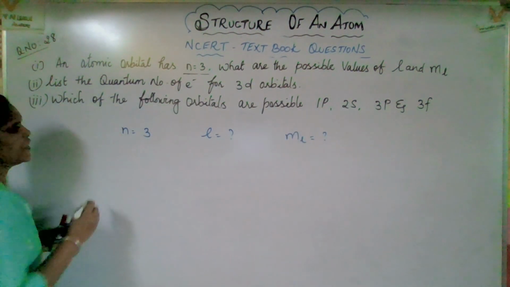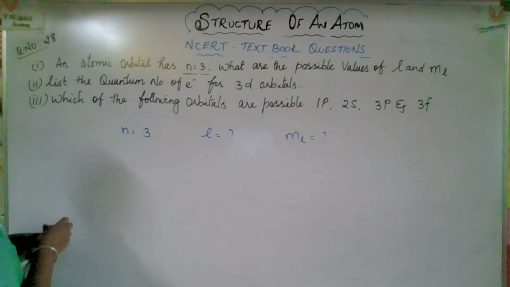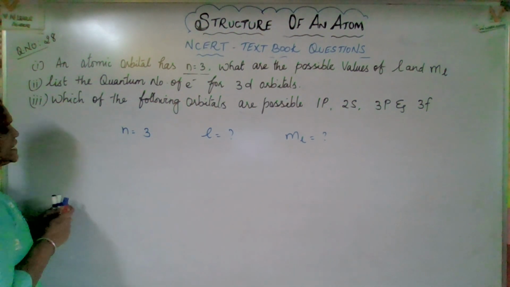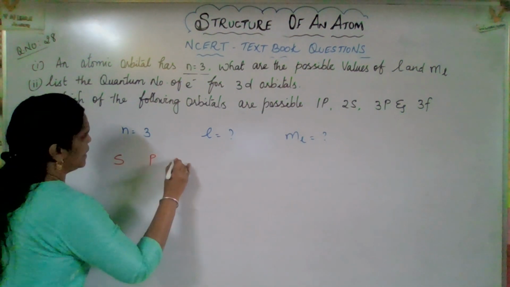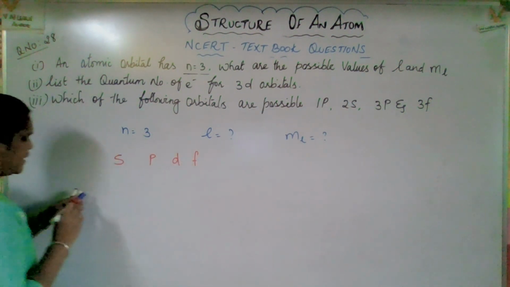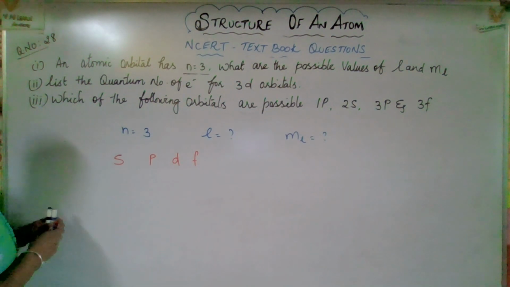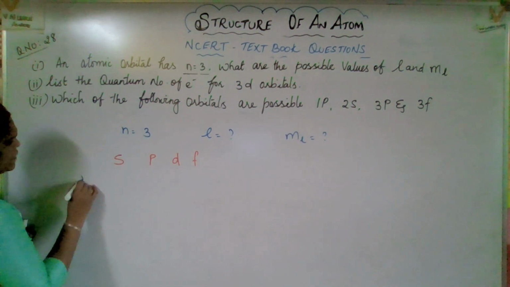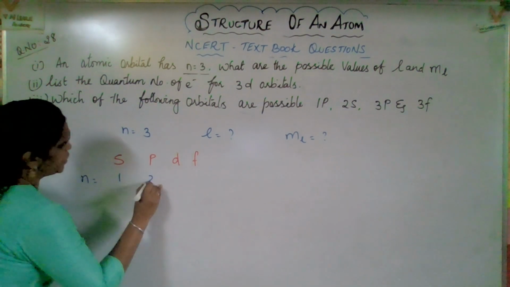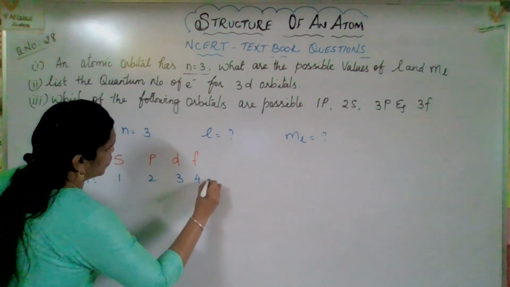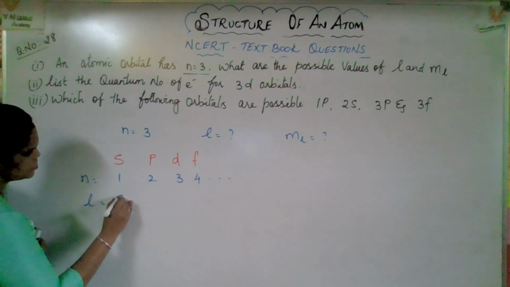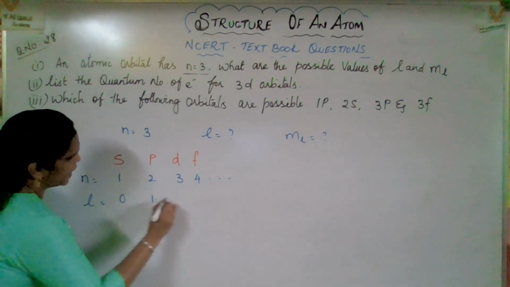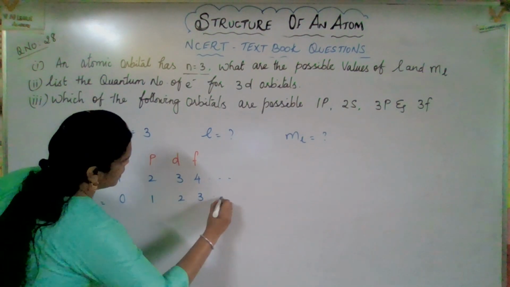According to this, s, p, d, f means subshell. In this, n equals 1, 2, 3, 4 onwards, whereas l, the azimuthal quantum number, starts with 0, 1, 2, 3 like this.